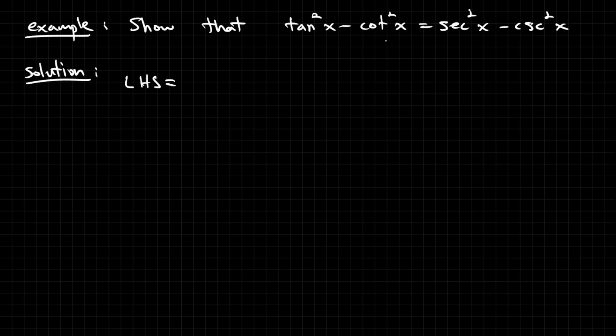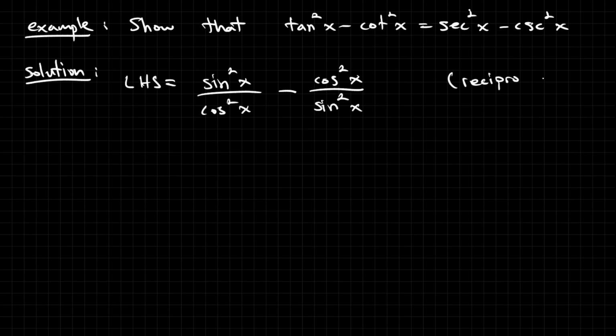So tan squared x minus cotan squared x, that would be sine squared x over cosine squared x minus cosine squared x over sine squared x. So that's just using the reciprocal identities. And now I can go ahead and get a common denominator by multiplying by cosine squared x here, and right there, I'd need to multiply by sine squared x over sine squared x.